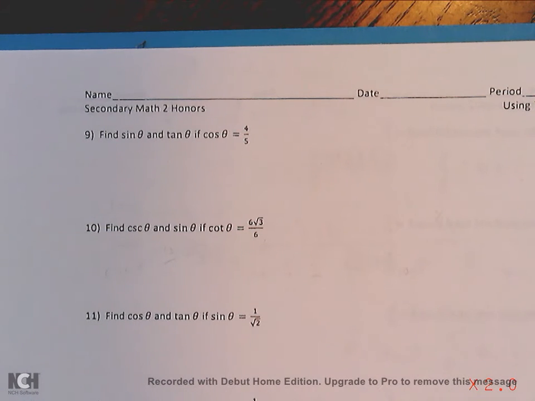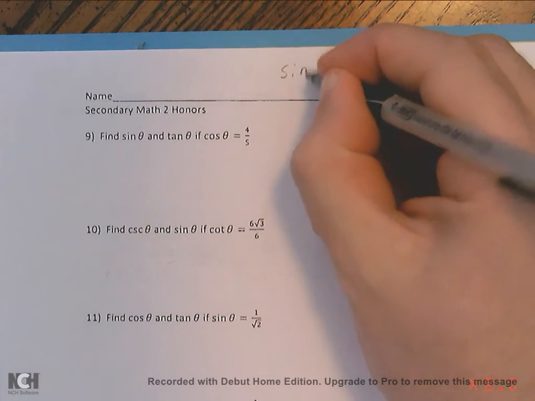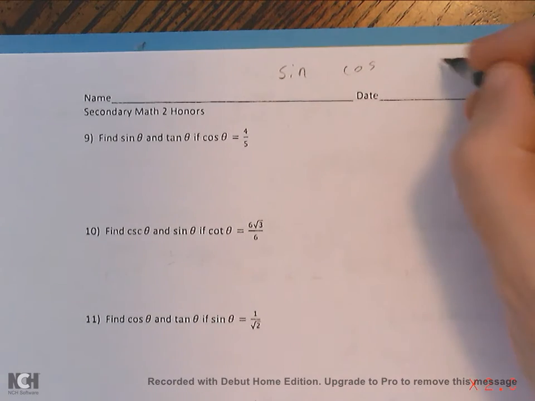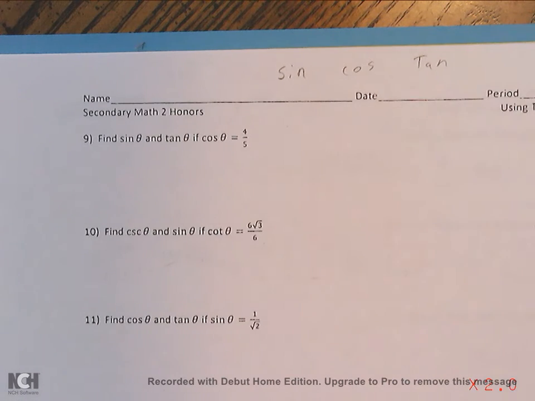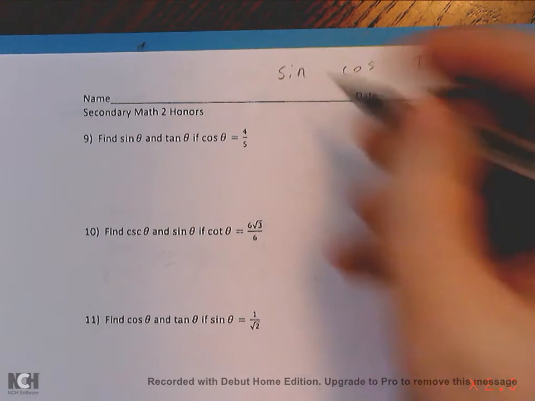And there are three core ratios that we talk about in trigonometry, and that is sine, cosine, which we just call cos, and tangent. Okay? And then there are three more sub-ratios that are just the reciprocals of those.